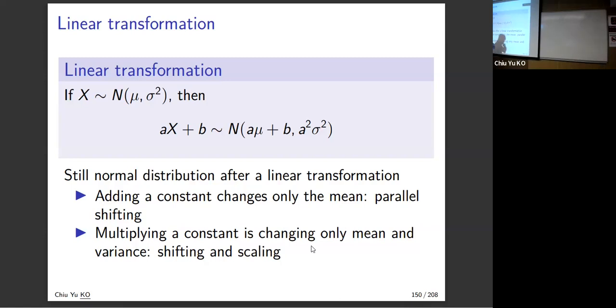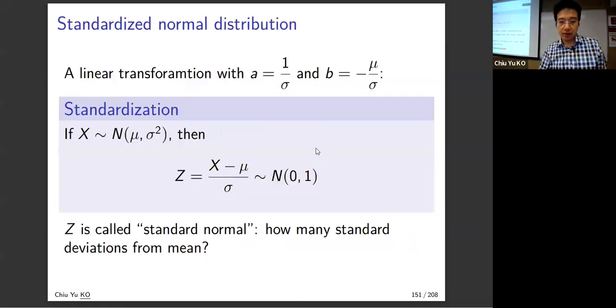And why is it important? Because when you put A equal to negative B over A, this implies it becomes normal 0, 1. Let me draw it to make it easier to understand.